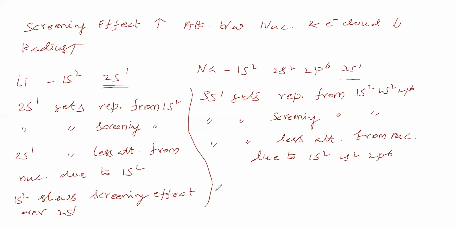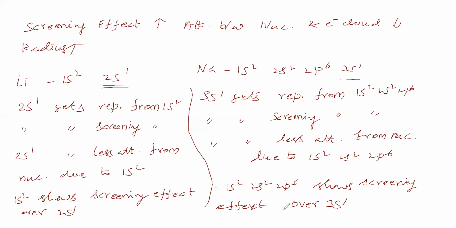Therefore 1s2, 2s2, 2p6 show a screening effect over 3s1. Therefore we can say which will get a higher screening effect: lithium gets a lower screening effect, whereas sodium gets a higher screening effect.